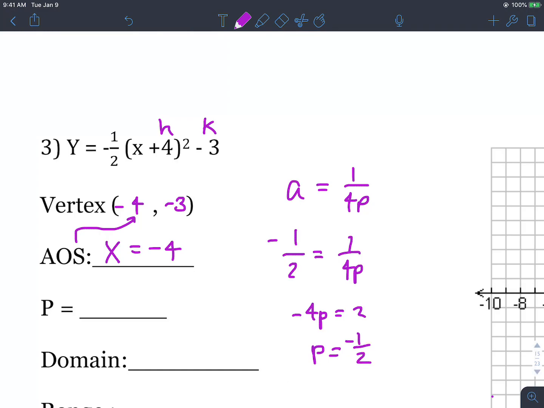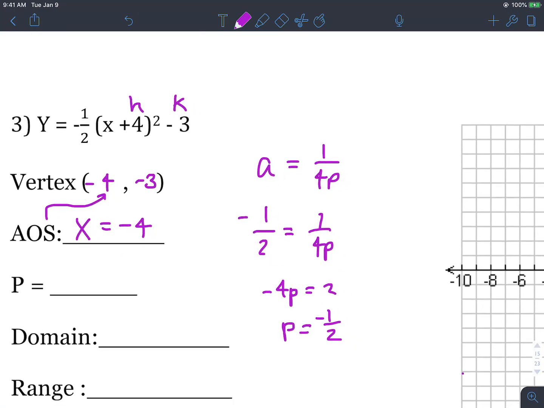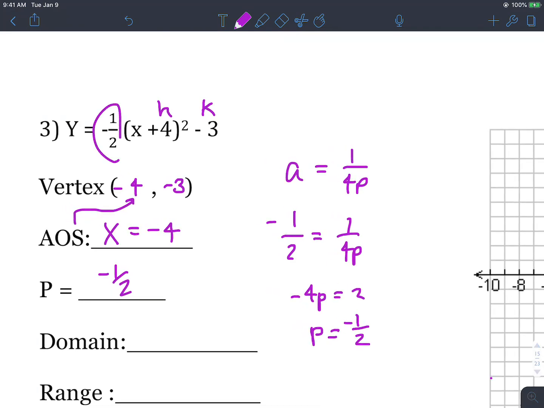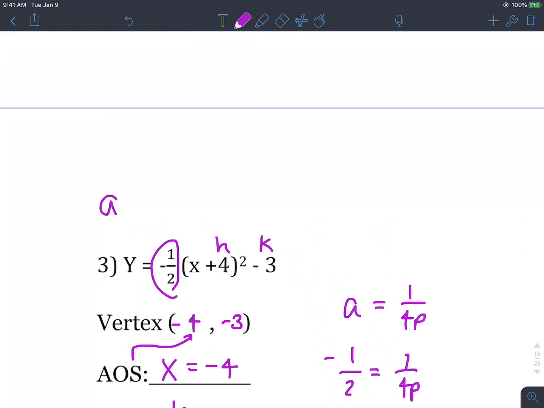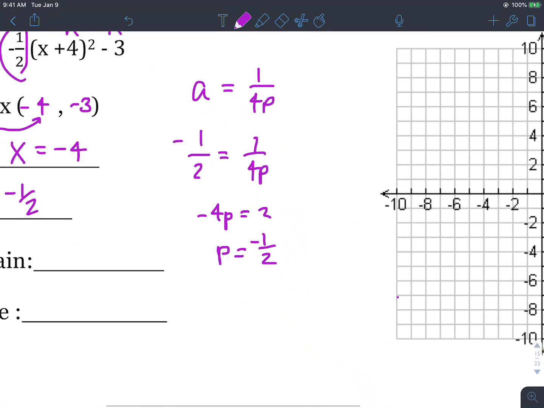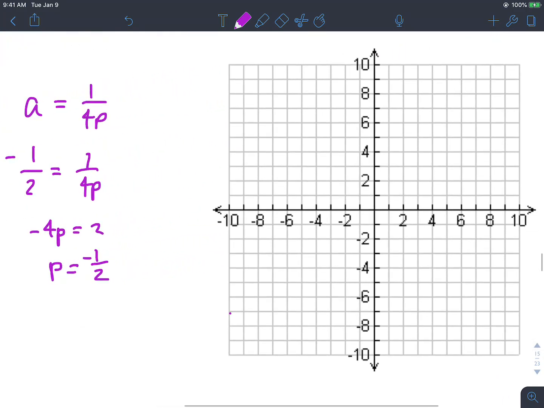This one's kind of a pain to graph here because our p value is 1/2. We're going to have to start dealing with half units and stuff like that. Now, since your a is negative, and it's a y equals graph, that means it's going to be opening downward. A is negative, and you have y equals this opening downward here with a p value of 1/2.